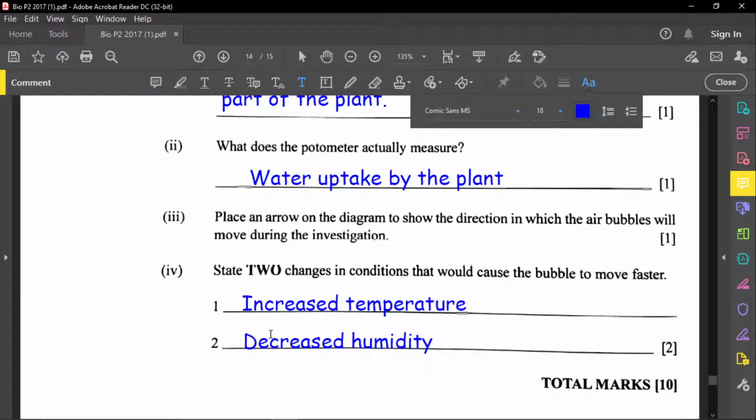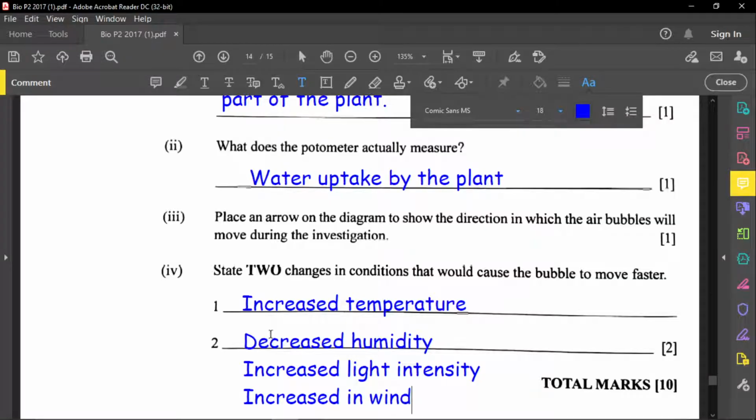You can also have increased light intensity. You can also have an increase in wind, because the more wind you have, the more water will move away from the plant, causing greater transpiration.